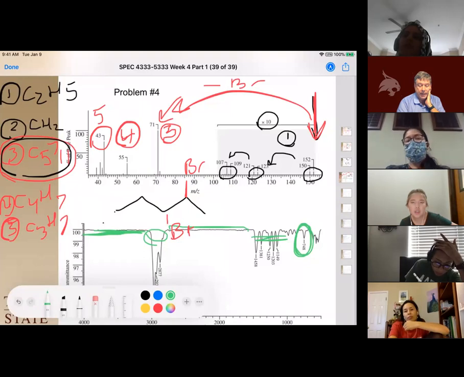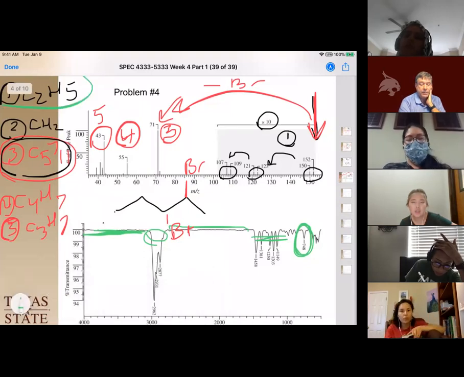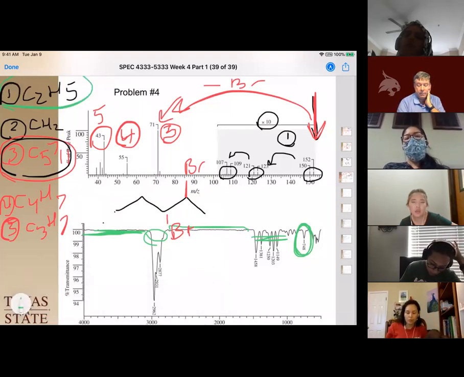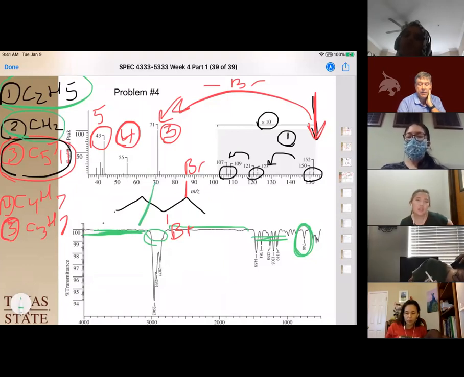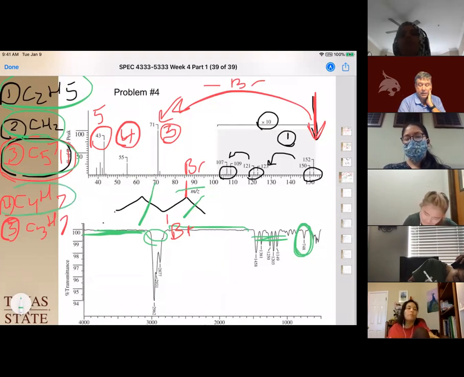So if we look at this fragment here, that could be this chain clipping off there. If we look at this fragment here, that could be this clipping off here. If we look at this fragment here, that just means we're clipping the bromine off. This fragment here would be clipping there again, and this fragment here would be clipping here again.